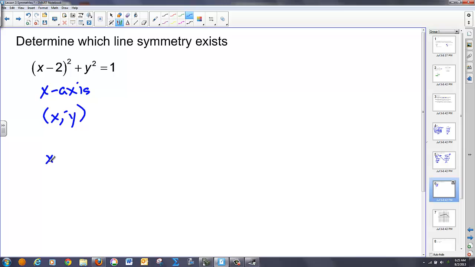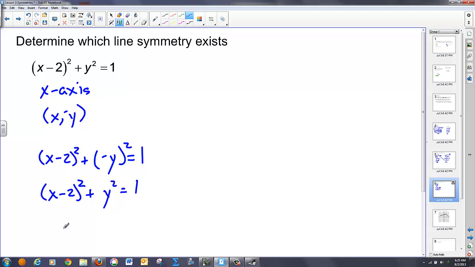So I have x minus 2 quantity squared plus opposite of y squared is 1. You notice in this case that this is the same exact term. Negative y quantity squared is just positive y squared equals 1. Same as the original, so yes, this is x-axis symmetric.